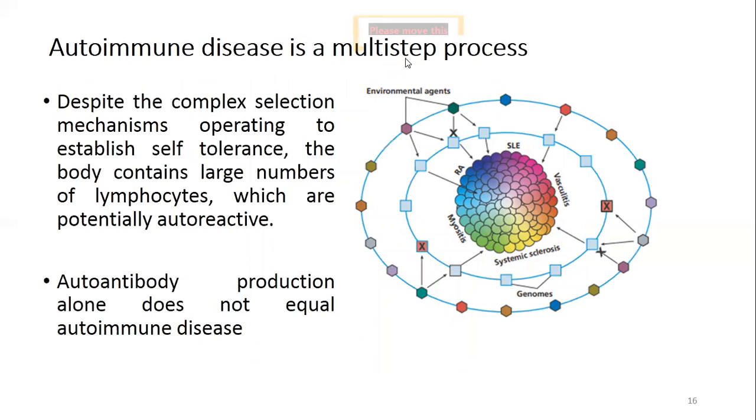Despite that, autoimmune disease is a multi-step process, so it doesn't happen very easily. The most important is that there should be genetic predisposition. As we saw earlier in previous slides, some HLA haplotypes are associated with some types of disease, or they increase the risk of some disease. Some other haplotypes are linked with other diseases.